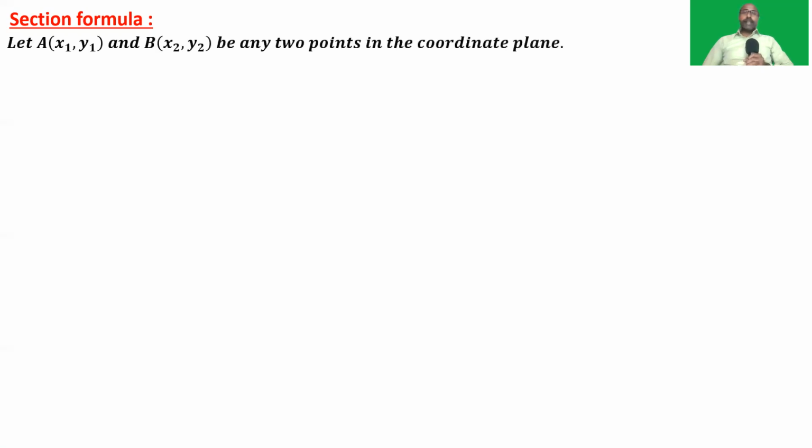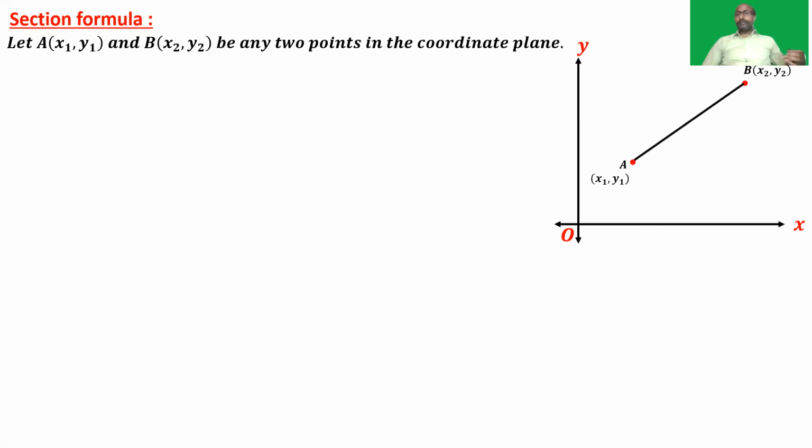Let A(x1, y1) and B(x2, y2) be any two points in the coordinate plane. This is the coordinate plane, A and B are two points in it, and AB is a line segment.